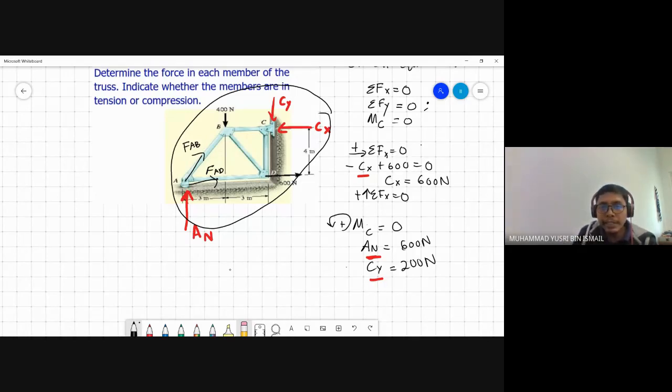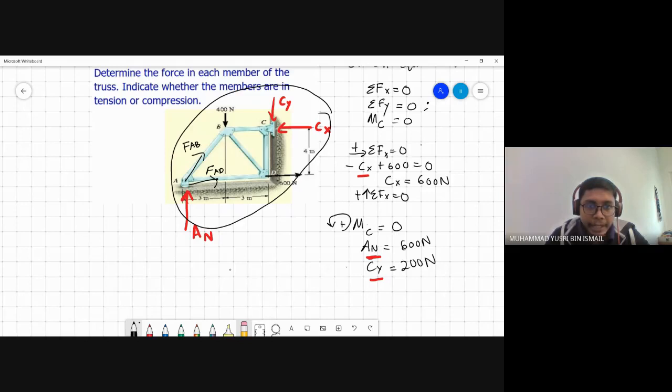For C, maybe you can start here and here; you still have two unknowns. And for D, you will have three unknowns.